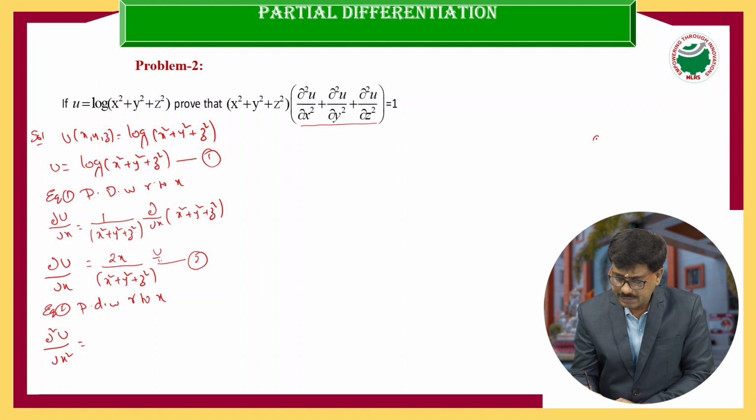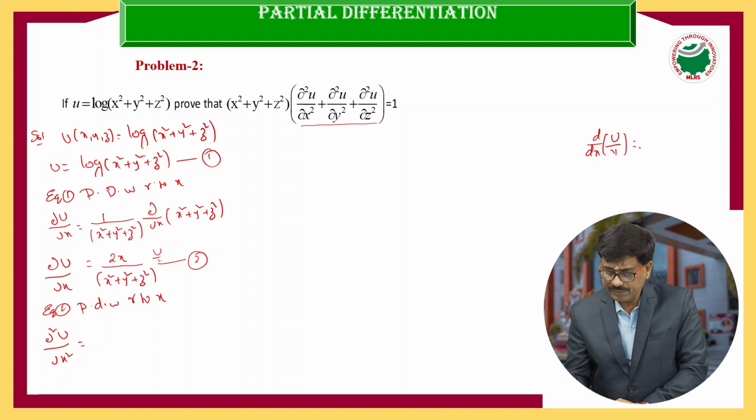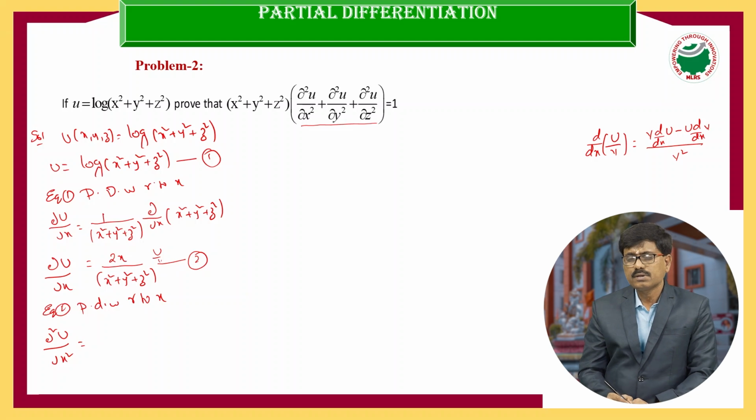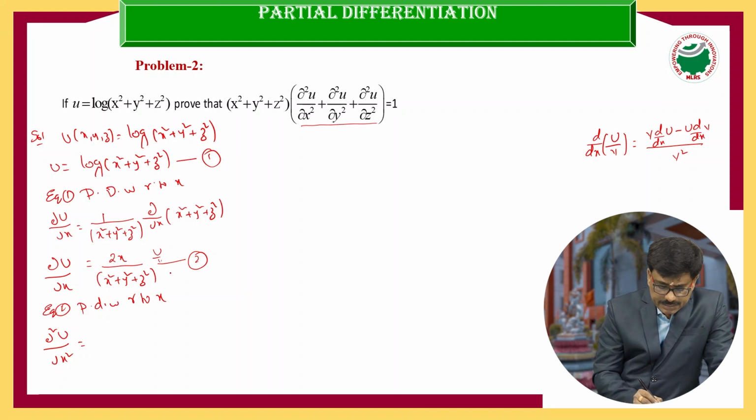Let me write the derivative. How do you write the partial u by v rule? d/dx of u by v is nothing but (v into derivative of u minus u into derivative of v) divided by v squared. Okay. Now I can treat this function.